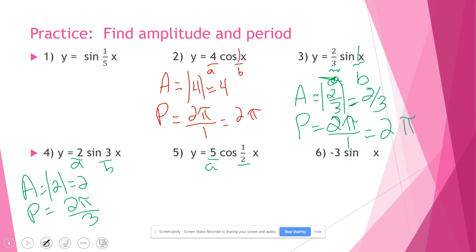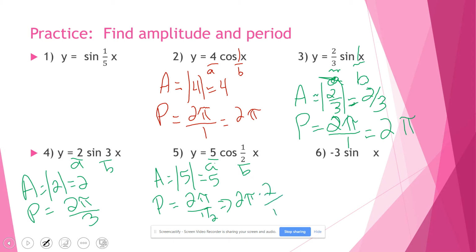Number 5, we have A and B. So for our amplitude, the absolute value of 5 is 5. And the period, 2 pi over 1/2, which is 2 pi times 2 over 1, or 4 pi. Our amplitude is 5, and our period is 4 pi.